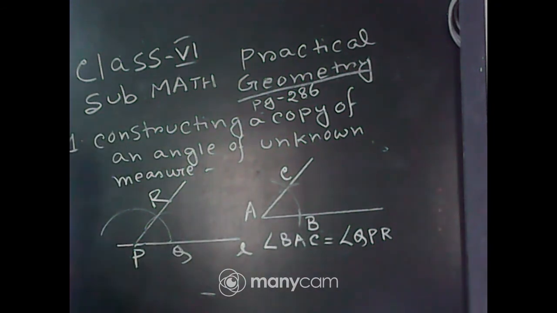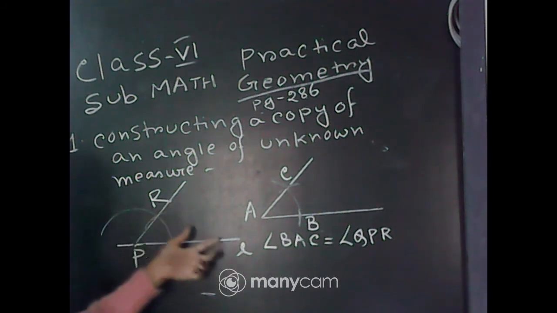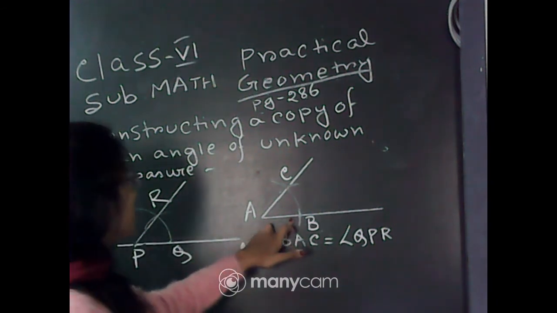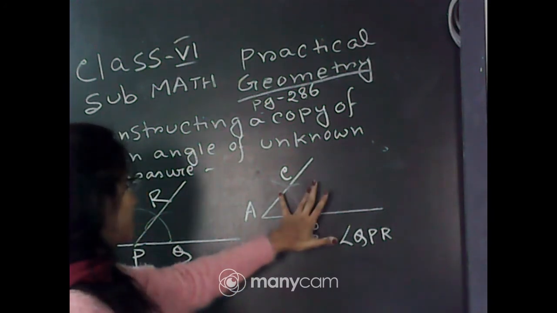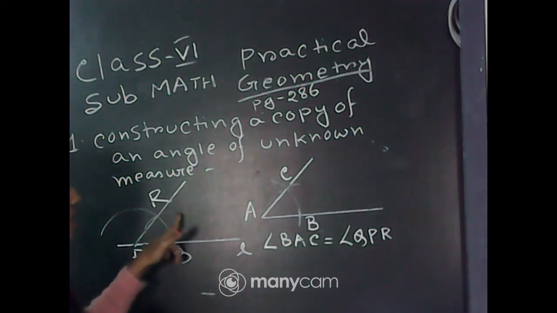Now, using the same compass setting, we draw an arc with P as center. And which cuts the line L at Q. Okay. Now, set your compasses to the length BC with the same radius and place the pointer of compasses at Q and draw an arc.